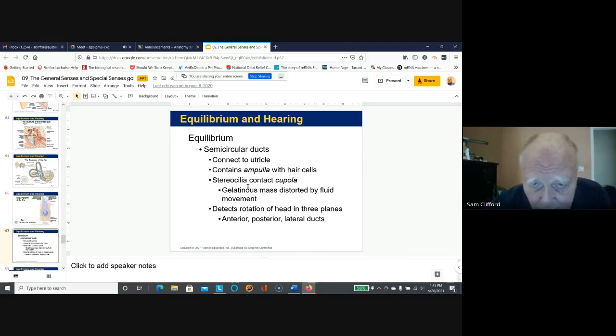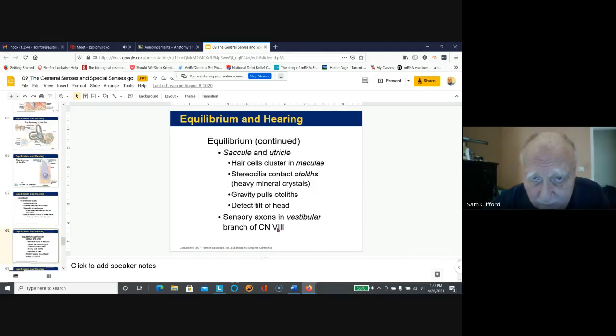So the stereocilia are in a gelatinous mass. They're distorted by fluid movement and detect anterior, posterior motion in three planes, X, Y, and Z.